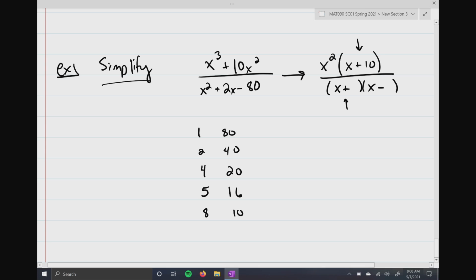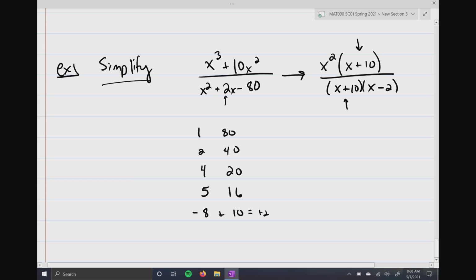When we factor this, we write out the factors and look for two numbers that combine to give you plus 2, which is in the middle. Because you put your signs first, one of them is positive, one negative. That's going to be negative 8 plus 10, which equals positive 2.